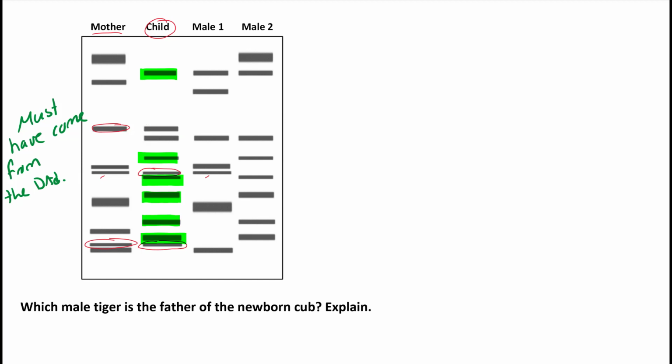So let's look at these green highlighted bands and match them up to either male 1 or male 2, and they all have to match up, not just most. So these blue bands, it looks like some of them are inconclusive.